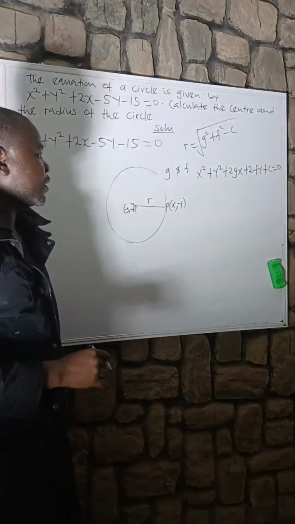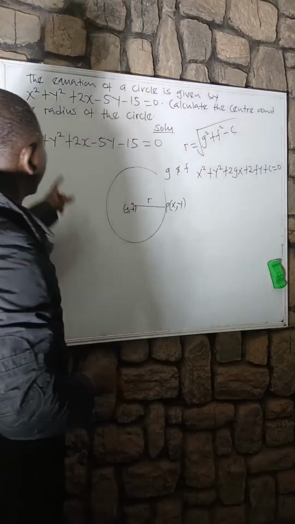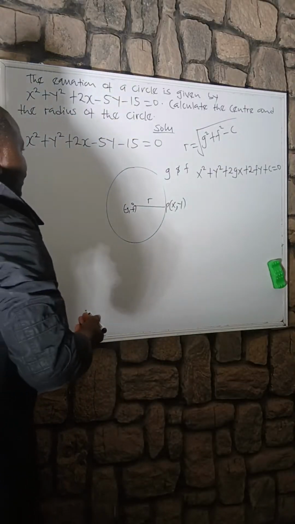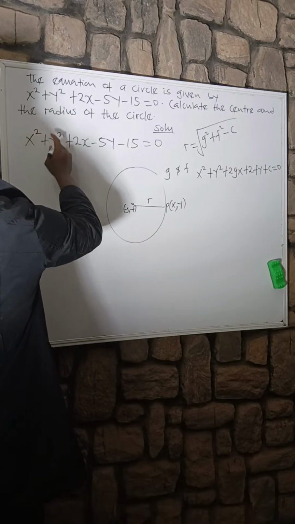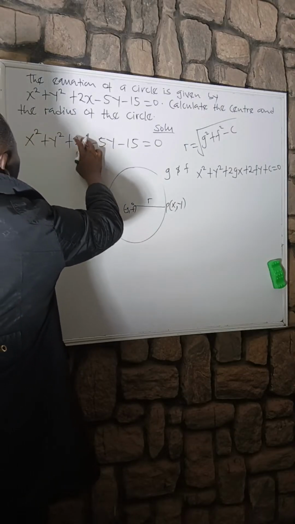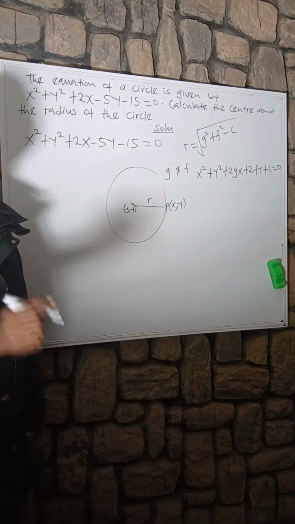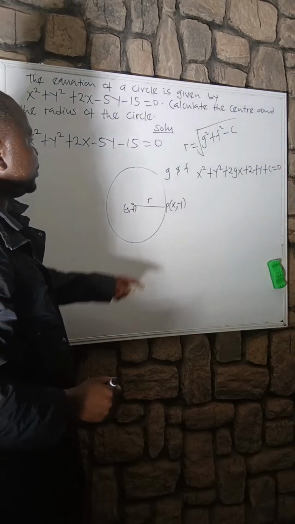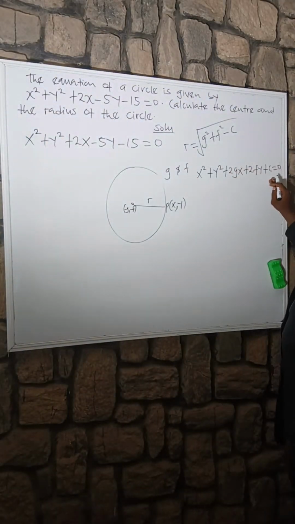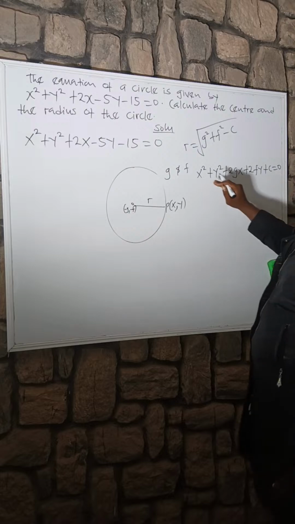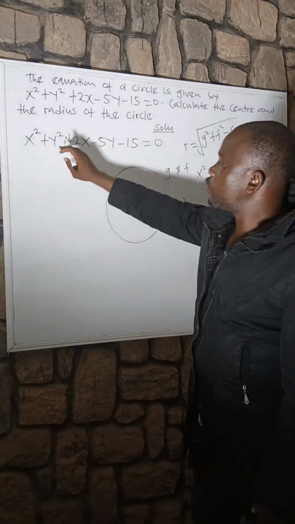Can you see this on the board? If you can see this, we have to equate this general equation of a circle to this.